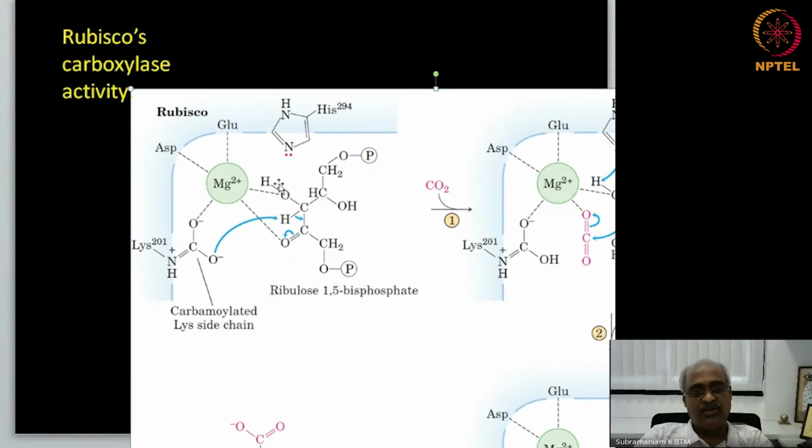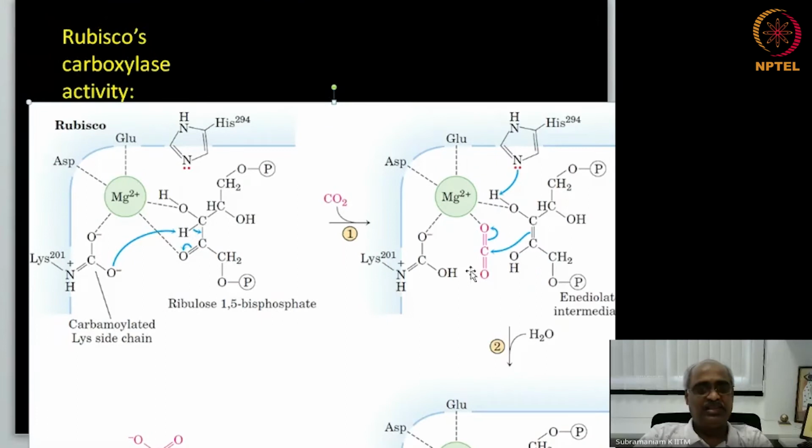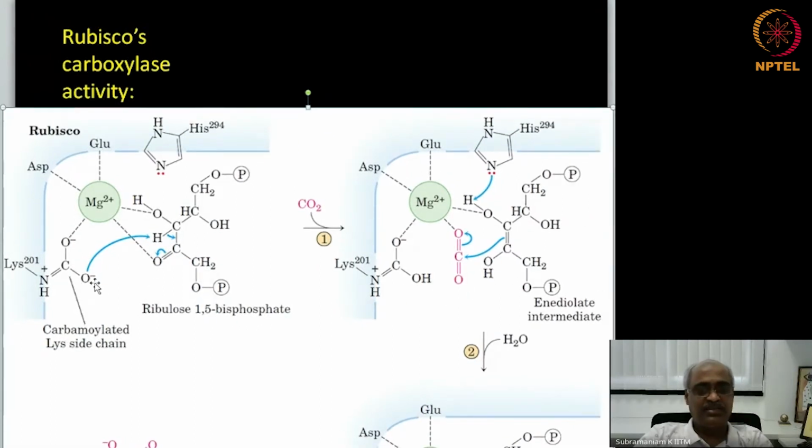So you have one hydroxyl group here and another hydroxyl group that's going to form here, and a double bond here, a typical enediol structure. So that is what you are seeing here. So the abstracted proton is here, and then here you have the other one, and you have the double bond. So this is the enediol intermediate.